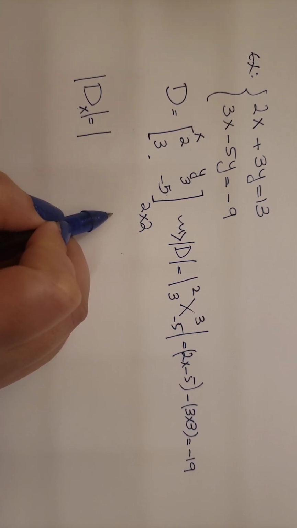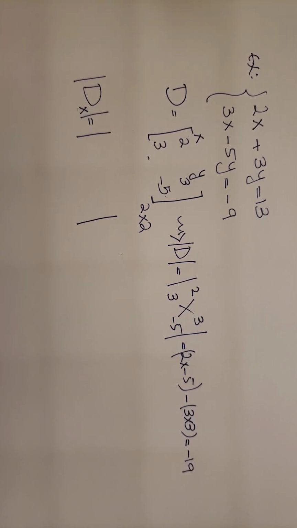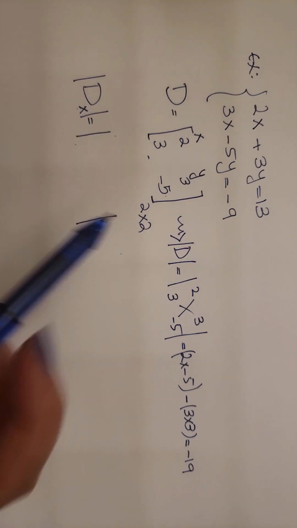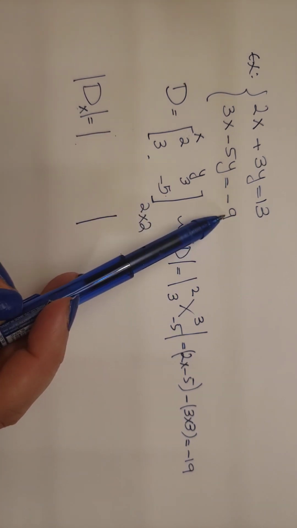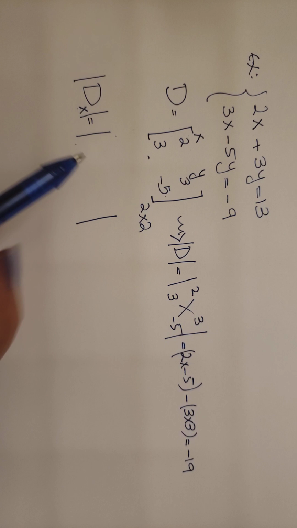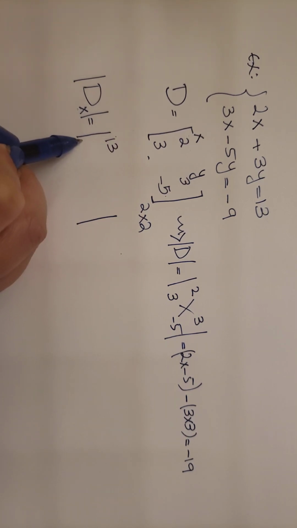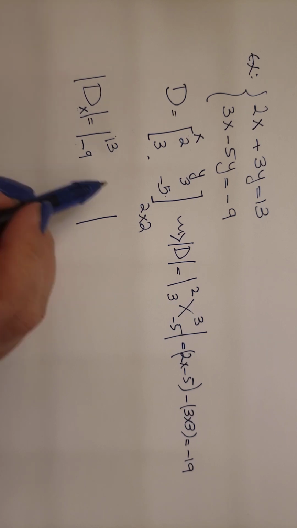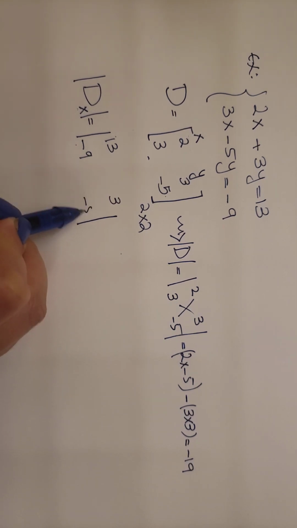So the dx would be: the first column would be replaced by the constants, which are 13 and -9, and then 3, -5.